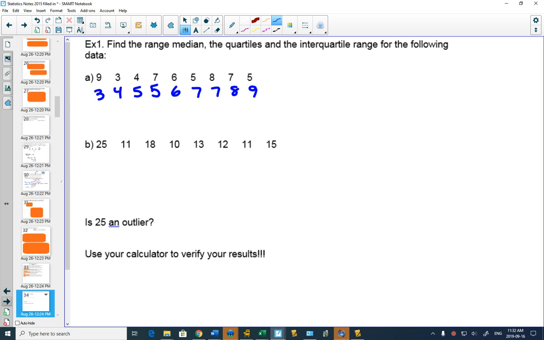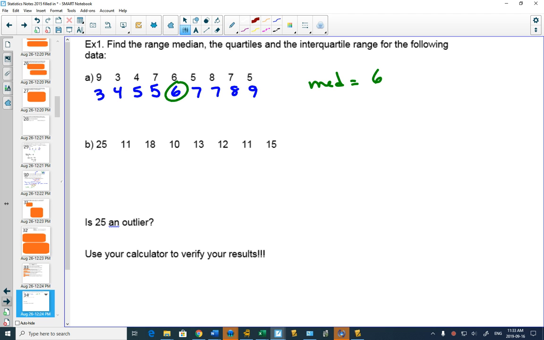That's good. Now with 9 values, your median is going to equal 6. Are you good with the median value being the 5th one?